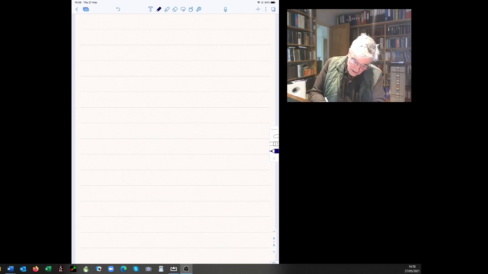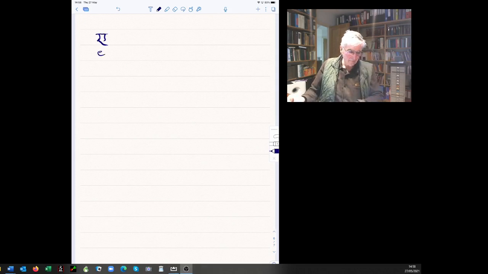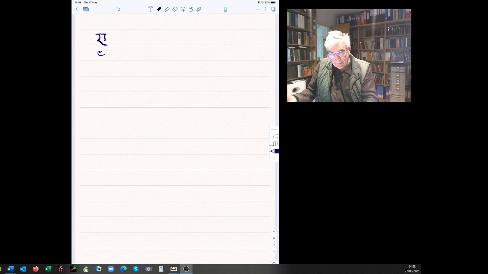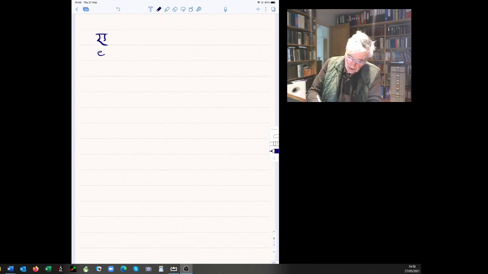Now, as before, e, written at the beginning of a word group, is e. So evam, in Pali evam maya sutam, in Sanskrit evam maya shrutam, thus have I heard. Evam is written like this.